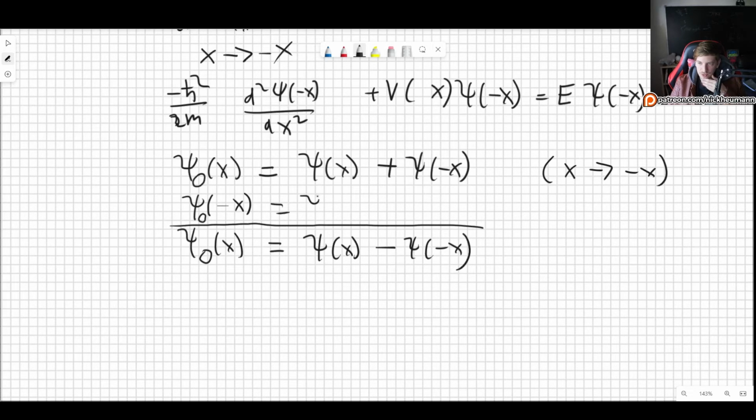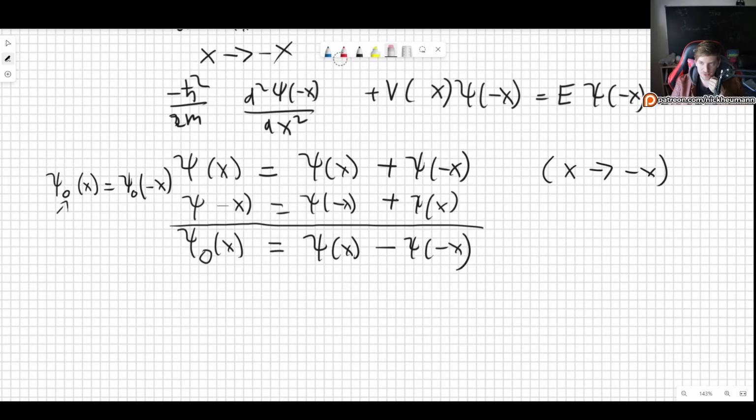This is equal to psi of minus x plus psi of minus x, which is x. So notice that we have the exact same thing as before. So that means that psi of unknown name of x is equal to psi of the unknown name of minus x, which means that this thing is even, which is why the name that I will give it is simply psi plus.